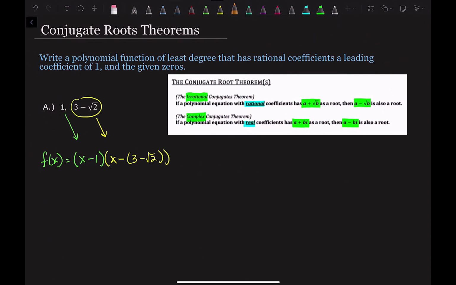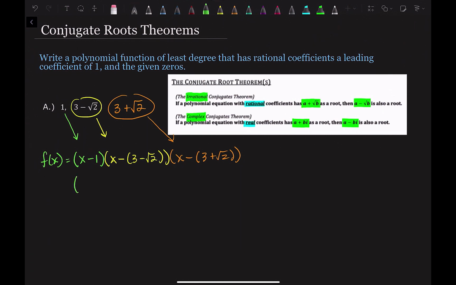And then if we really want those rational coefficients, we use the conjugate root theorem and say we also have a 3 plus root 2, which again is the conjugate of the yellow one. And that one's going to form our third parentheses, x minus parentheses 3 plus root 2. And just this much, we can clean up a little bit.